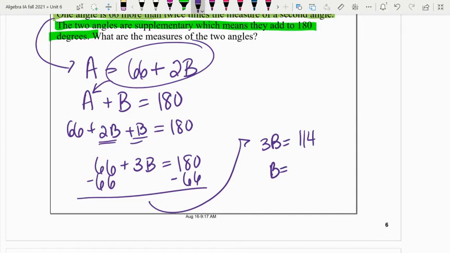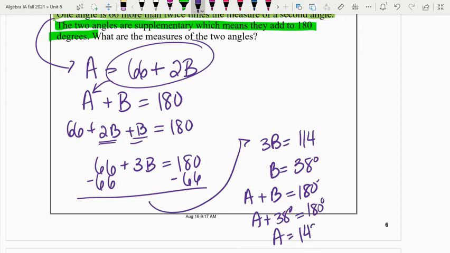So divide by 3. B is 38 degrees. And I know that A plus B is 180. So A plus 38 degrees equals 180 degrees. So subtract 38 from both sides. So 180 minus 38, I get 142 degrees. So my two angles are 38 degrees and 142 degrees.